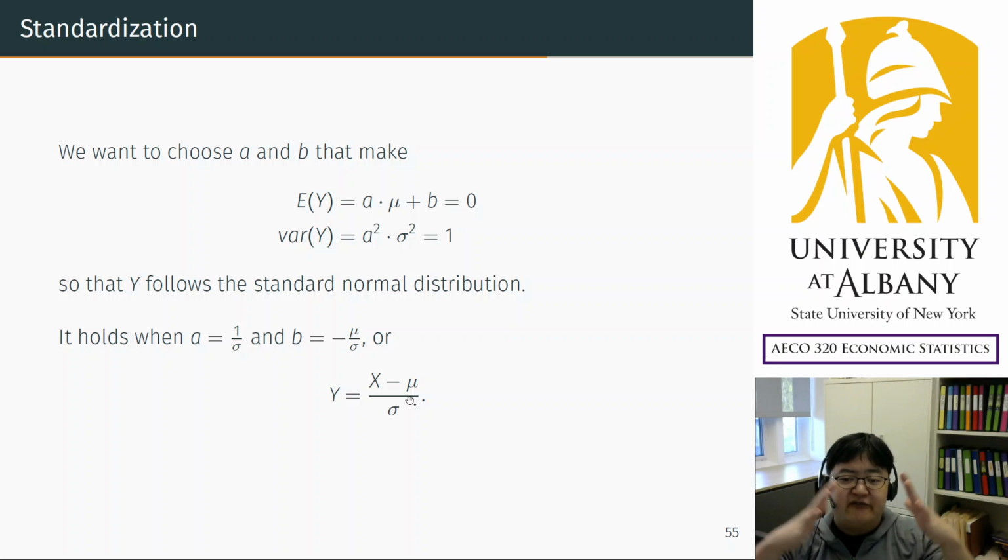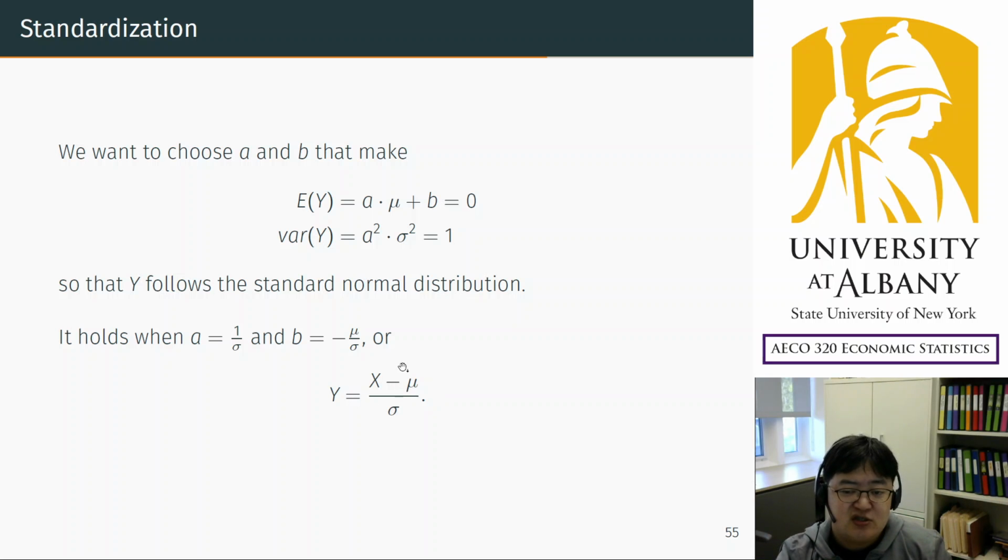That means if sigma is larger than 1, you have to make it more concentrated around 0. And if sigma was smaller than 1, then you have to make it wider, more spread out.